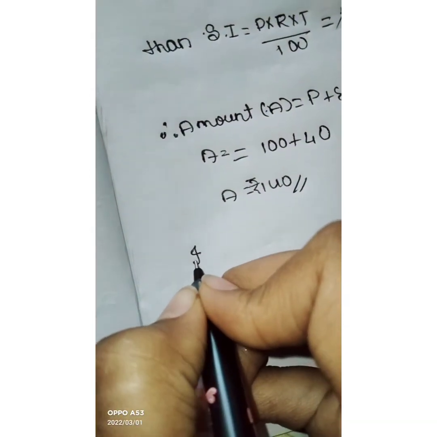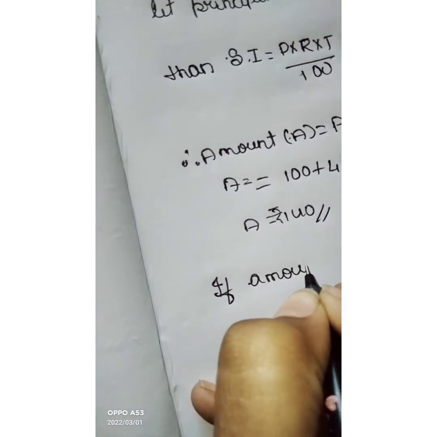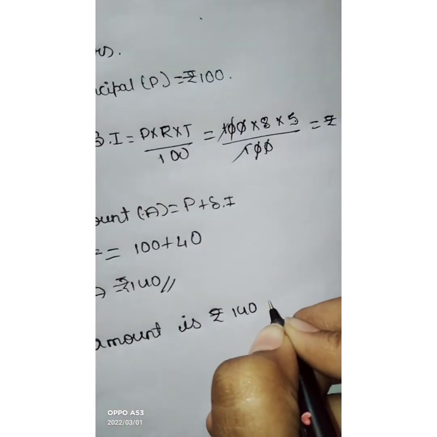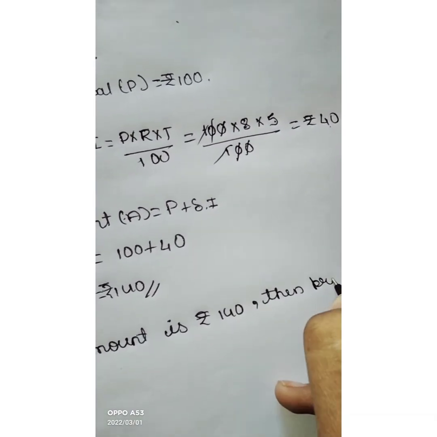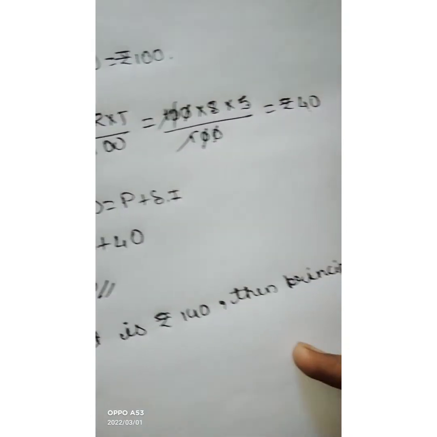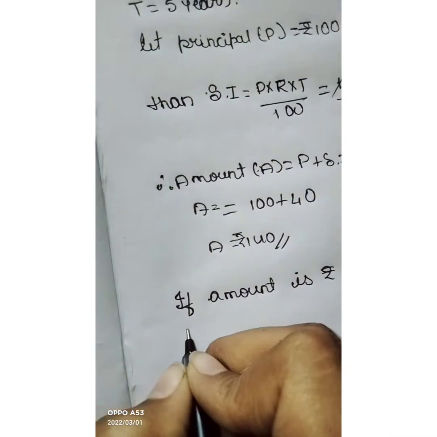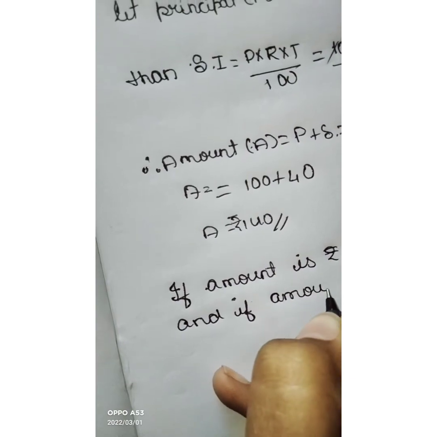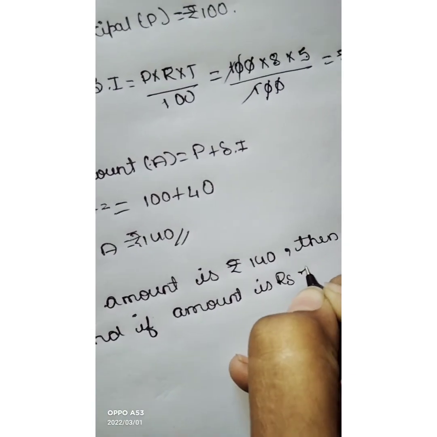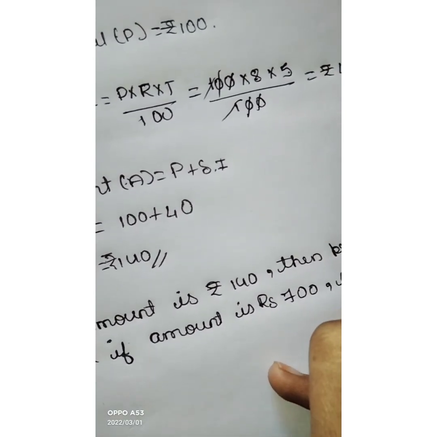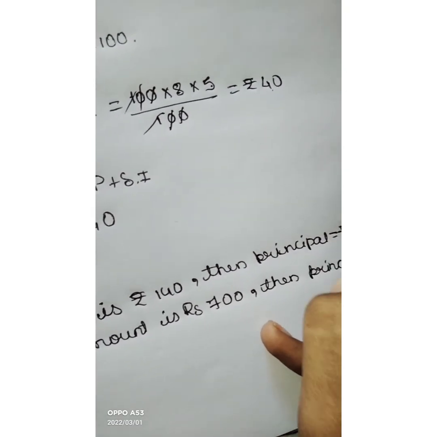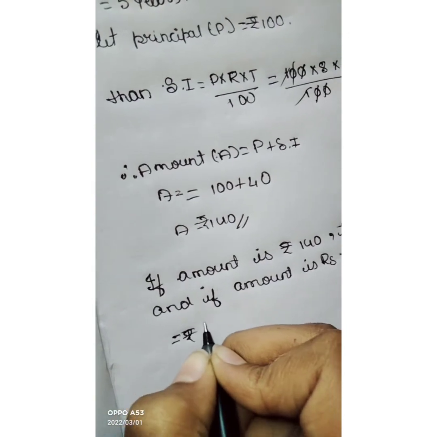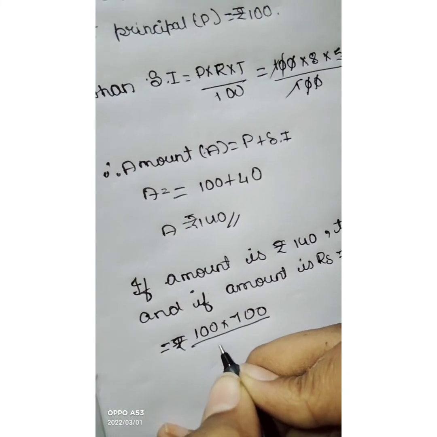So here some definition is there. If the amount is rupees 140, then principal is equal to rupees 100, and if the amount is rupees 700, then principal is equal to rupees 100 into 700 by 140.